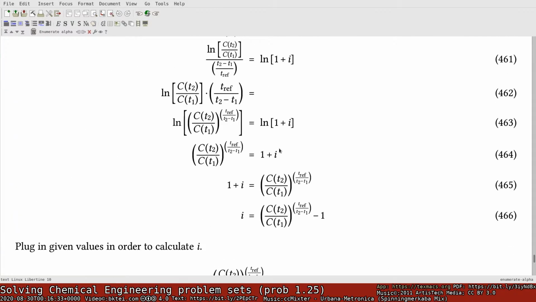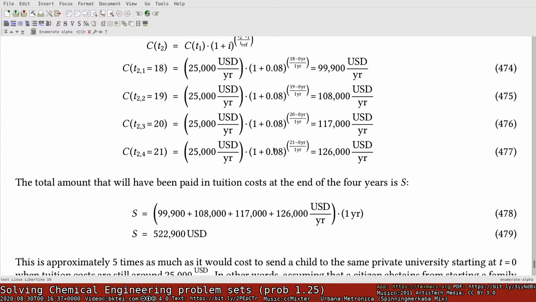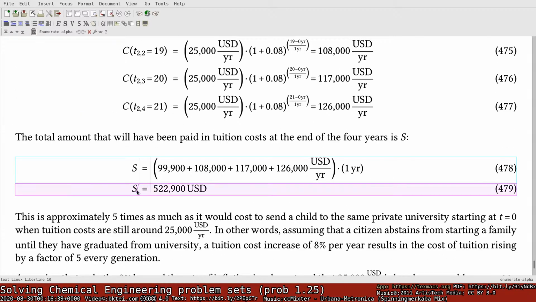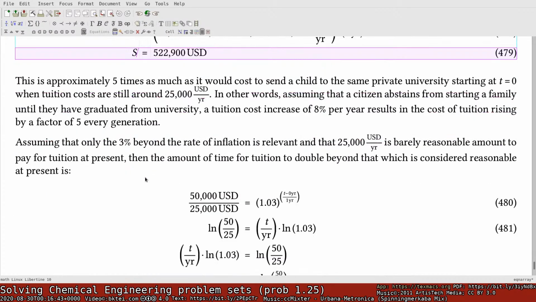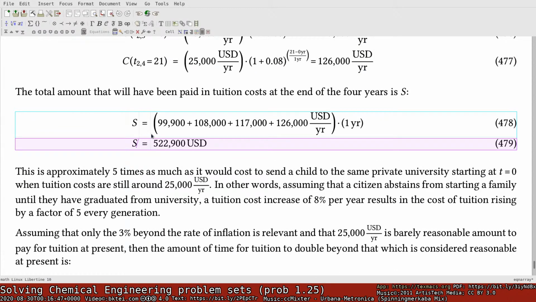Okay, so strategy. We go ahead and calculate for part C what it would cost to send a child to university for 4 years. And then we say, all right, that's well and good, but for comparison, this amount in the future might be considered like, oh, that's not too bad.